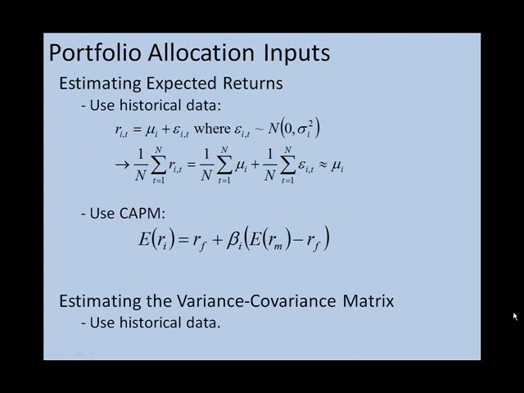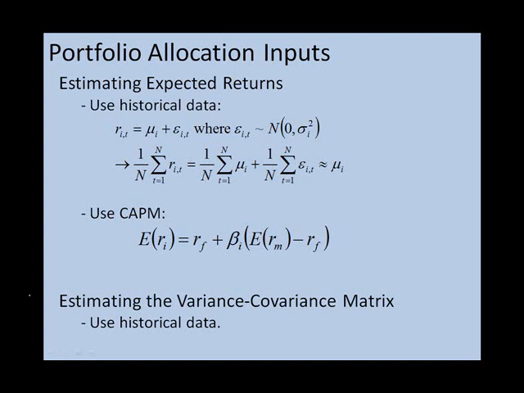How do we estimate expected returns? We're going to consider two options initially. First, we can just use historical data. We can calculate the average return in the past and use that as our estimate for future returns. Why might this be reasonable?